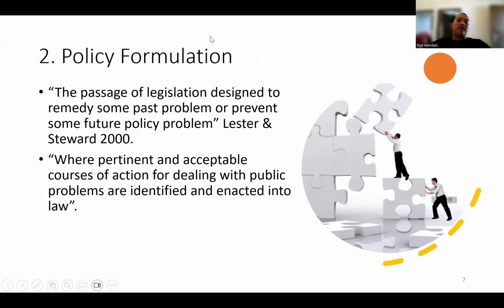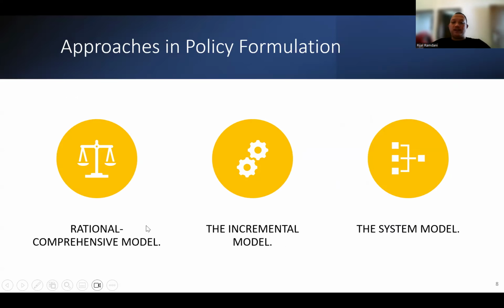And these are what I call approaches in policy formulation. There is the rational comprehensive model, where decision making or policy formulation is made based on research. The second one is the incremental model. Incremental means that we just follow decisions made previously, like last year's decision or even the last decision made by the government.